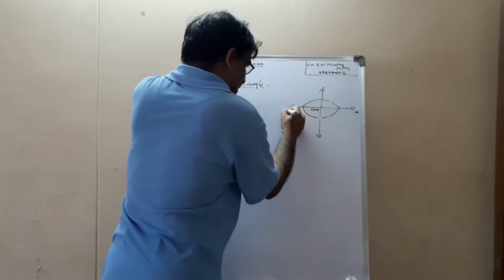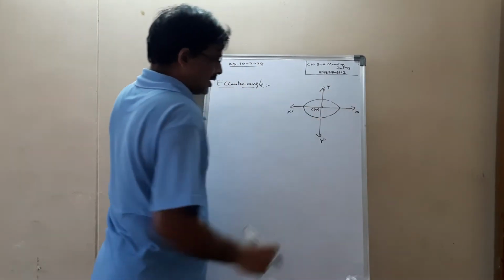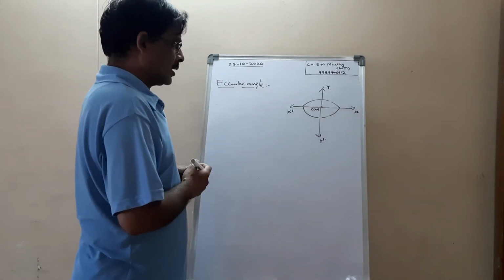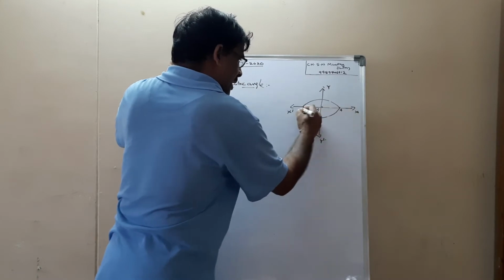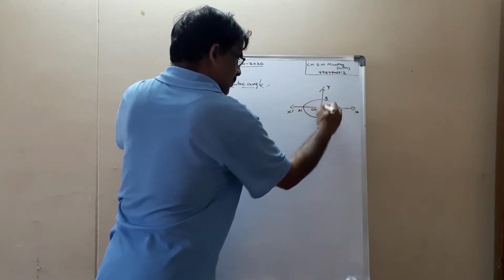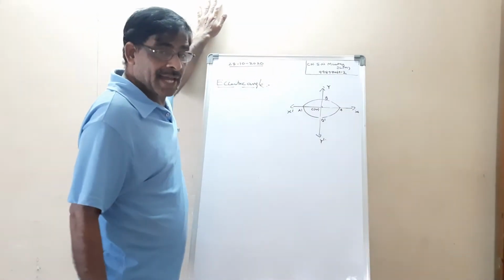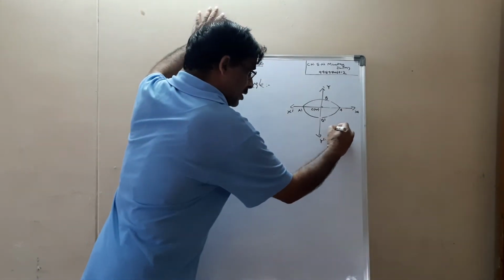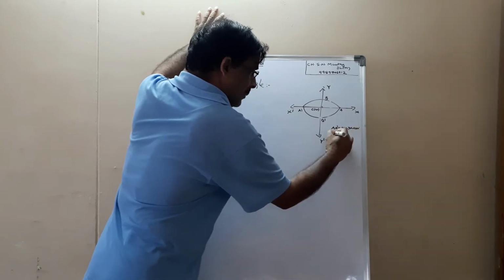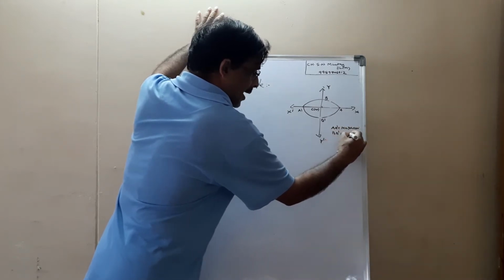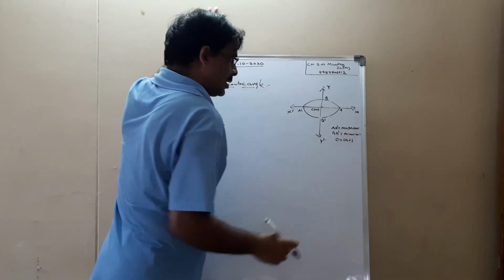This is x dash, this is y dash. These are the axes x dash x, y dash y, and also let it be A dash A and B dash B. A A dash is the major axis, B B dash is the minor axis, also C equals 0 comma 0. Okay.